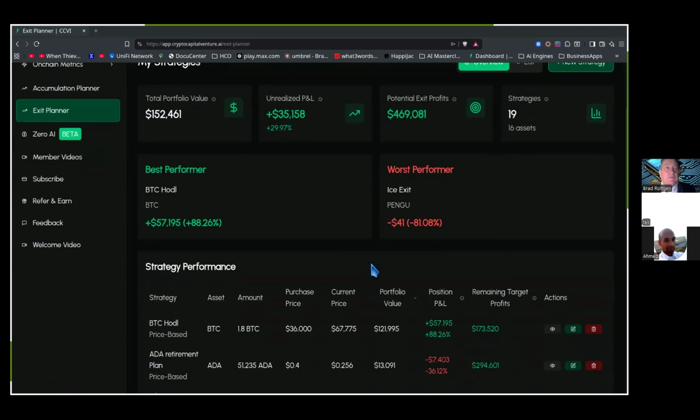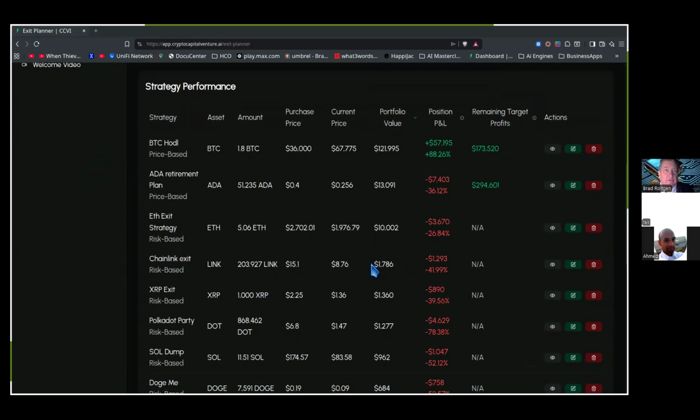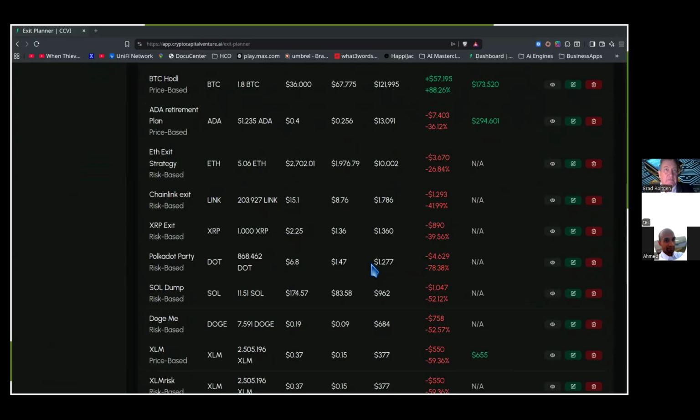So when it hits that target, it will either send you an email or send you an SMS message. Now, for SMS messages, which they just got working not that long ago, you can only set up 30 different coins, because they have to limit that, since there's a cost there.